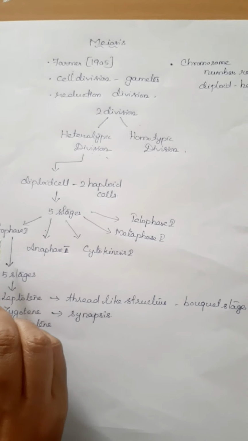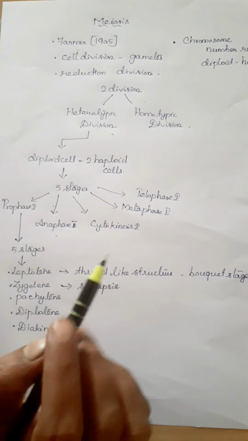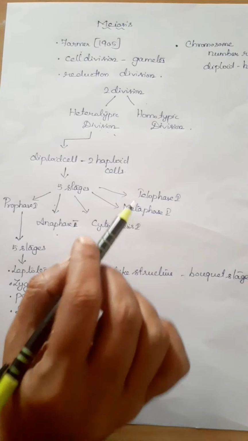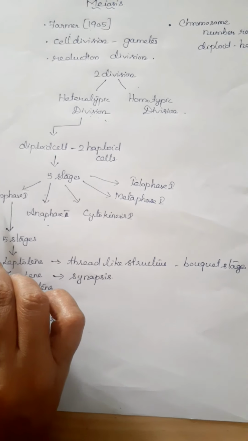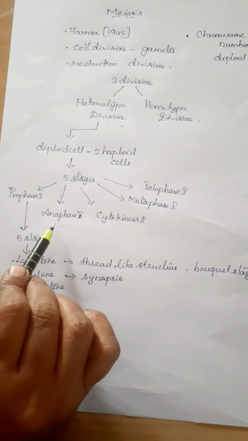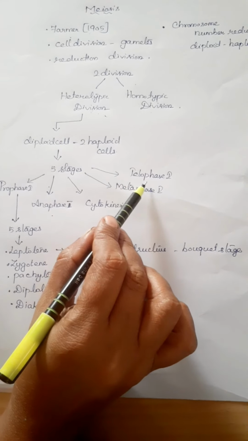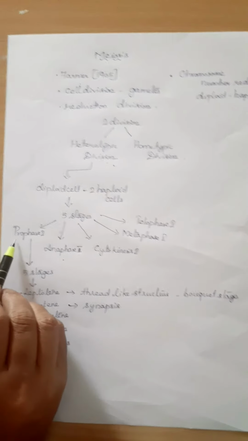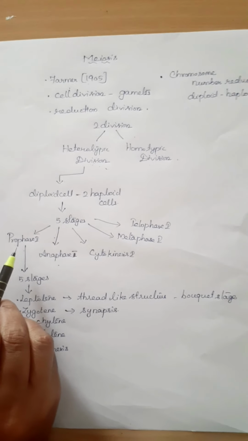It consists of 5 stages: prophase 1, anaphase, cytokinesis, metaphase and telophase. Next we are going to learn prophase. It takes place over a longer duration.